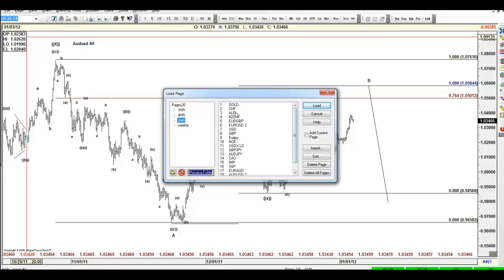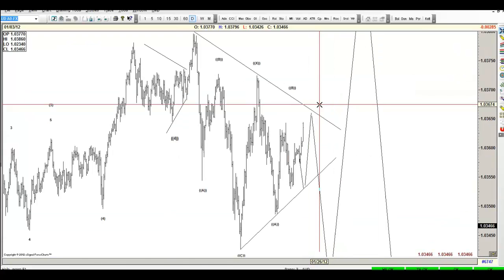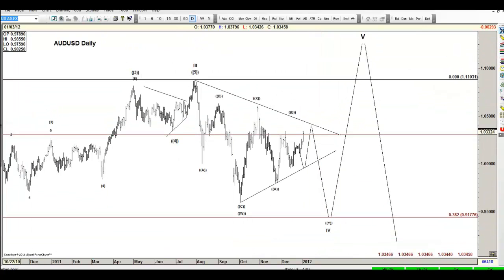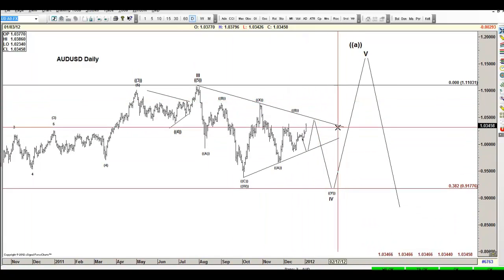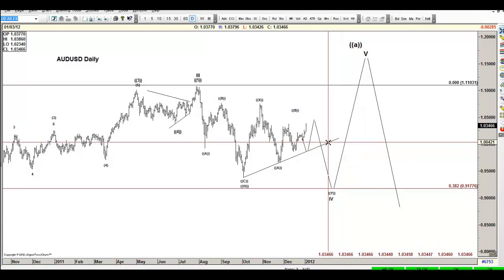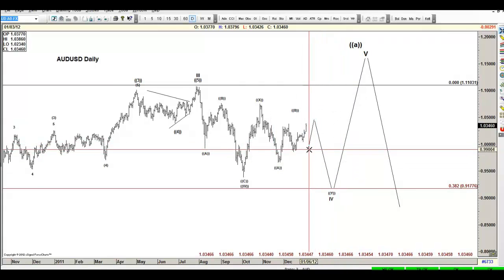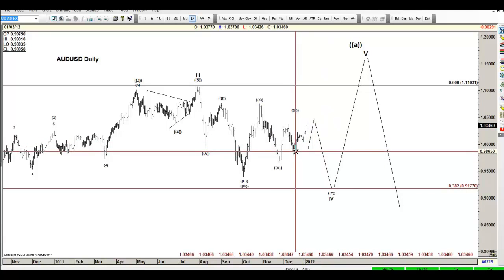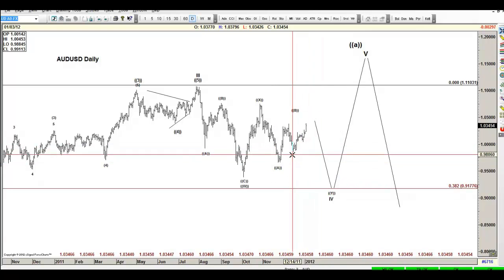Let me show you. Even though it looks like a triangle, maybe there is no triangle. Maybe what we are is what we're showing all over. And this is the move that we were trying to catch right here. Remember that we didn't get filled for about 30, 40 pips in the long Aussie.